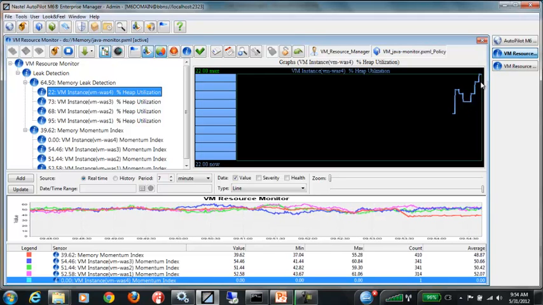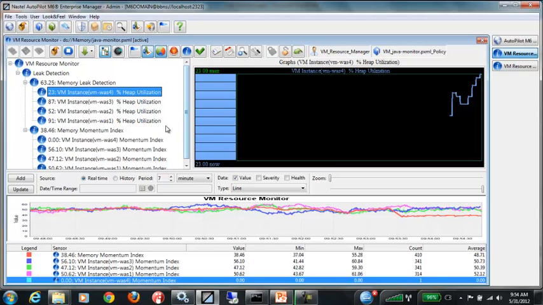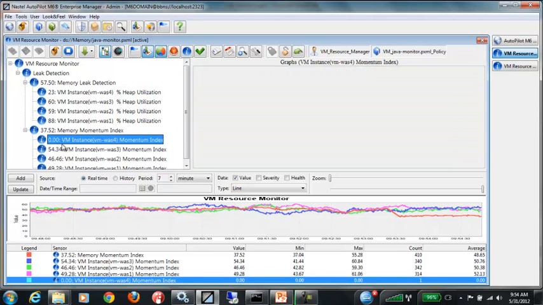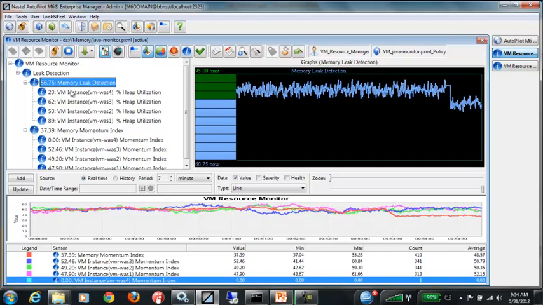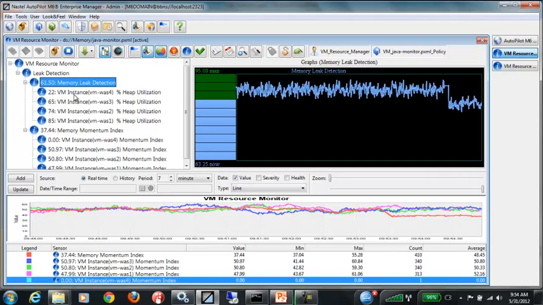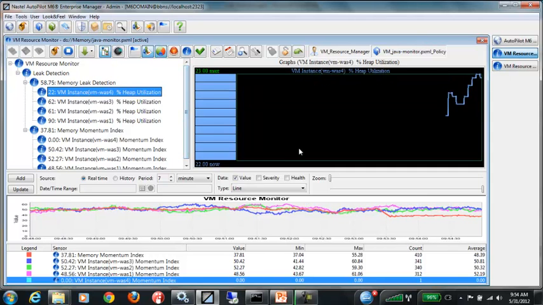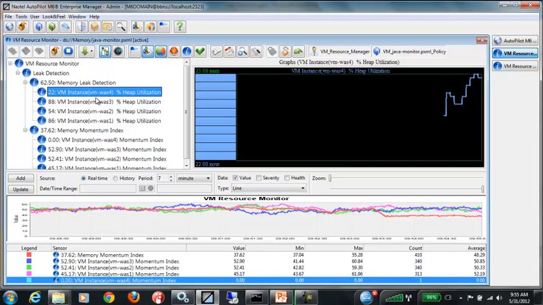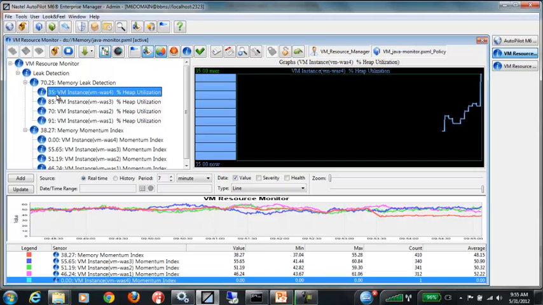We're building a baseline here automatically to see what the behavior is, so we haven't yet spotted anything. As you can see, the RSI hasn't been computed yet. We need a few samples to figure out whether this VM instance is in fact leaking memory. So let's wait a few samples.